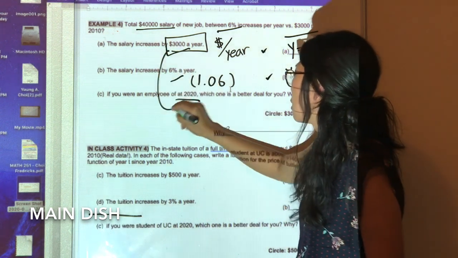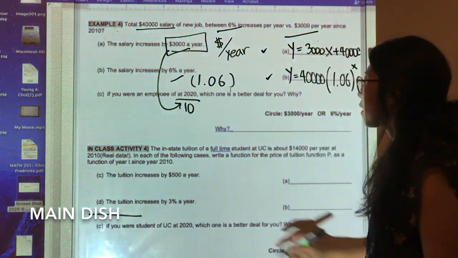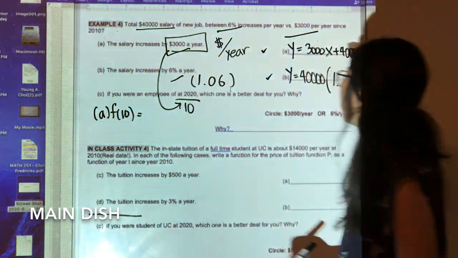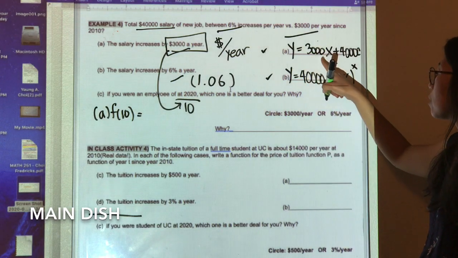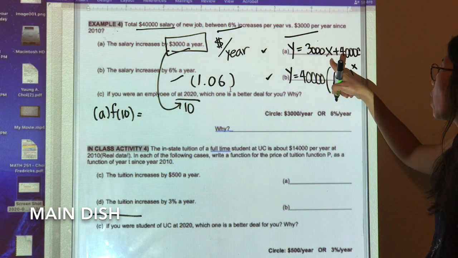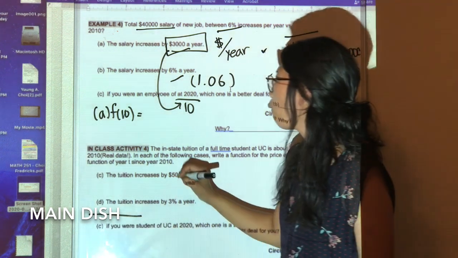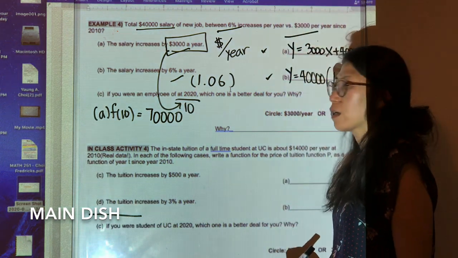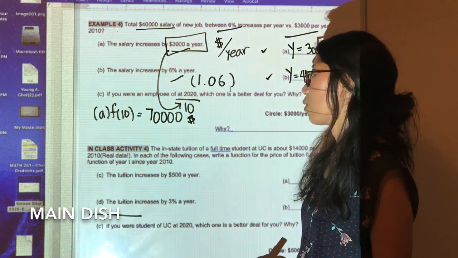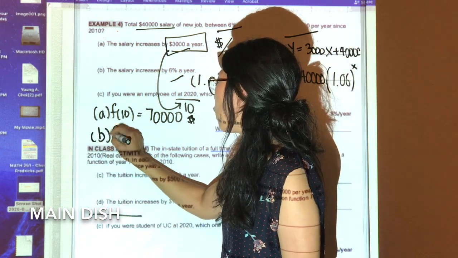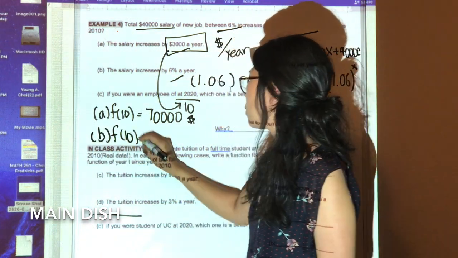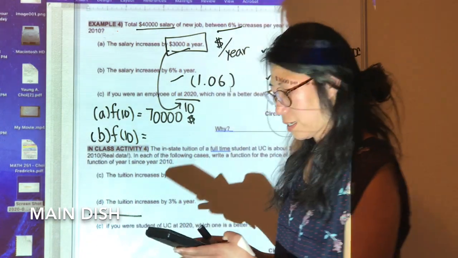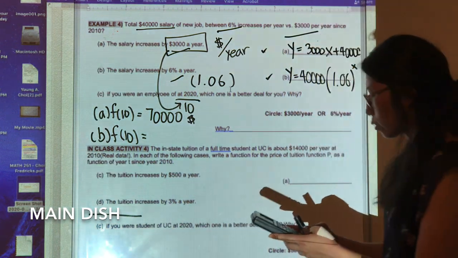So that means 10 years later, I can calculate f of 10 for A. And as you see, 3,000 times 10 is going to be $30,000 plus 40,000. That will make $70,000 as your income 10 years later. How about B? 10 years later, what am I going to get?